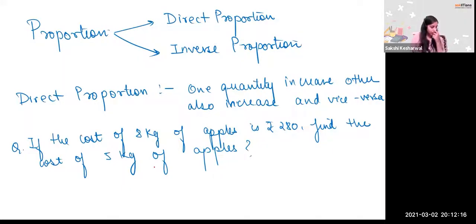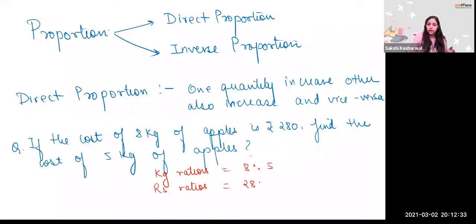That's also correct. The kgs ratio is 8 to 5, and the rupees ratio is 280 to, let's suppose, x.